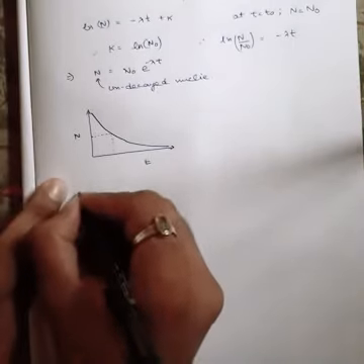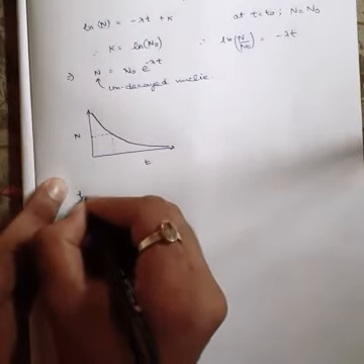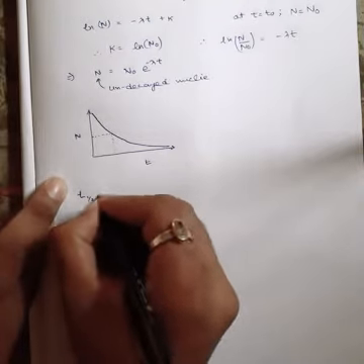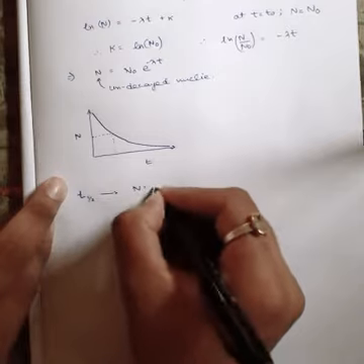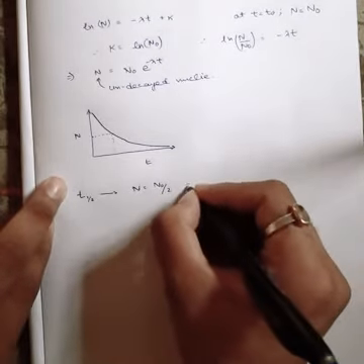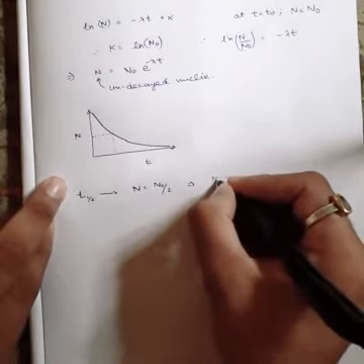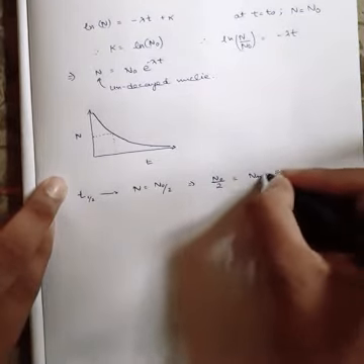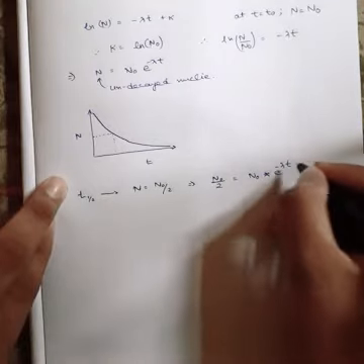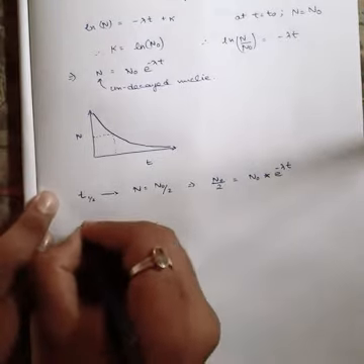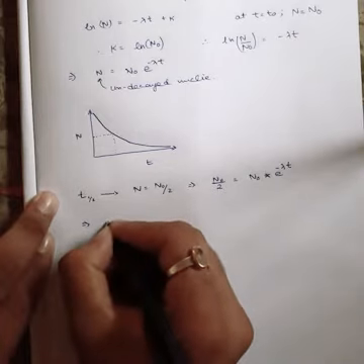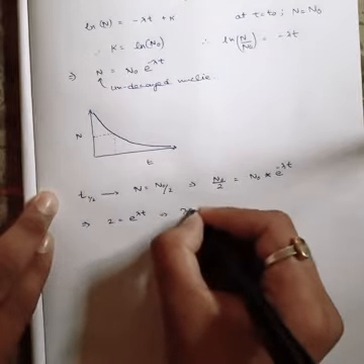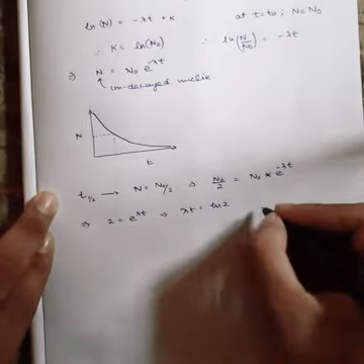So at time t where half is present, N equals N naught by 2, or N naught by 2 equals N naught e to the power minus lambda t, or 2 equals e to the power lambda t, or lambda t equals ln 2.